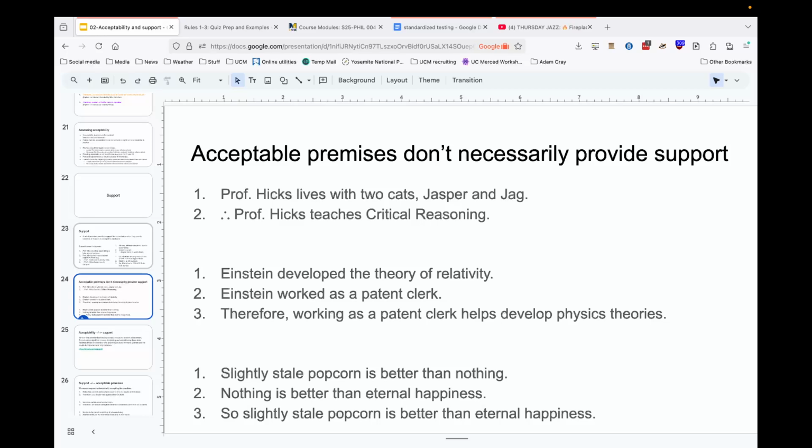Maybe somebody from table 3? Thoughts? Sahana? Because nothing is literally, or well, I guess more abstractly, just not really any specific thing. Yeah. This is a really hard one to articulate clearly.